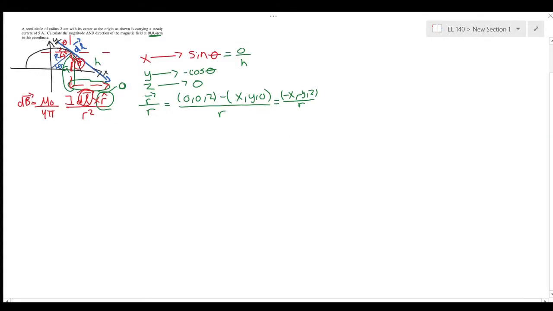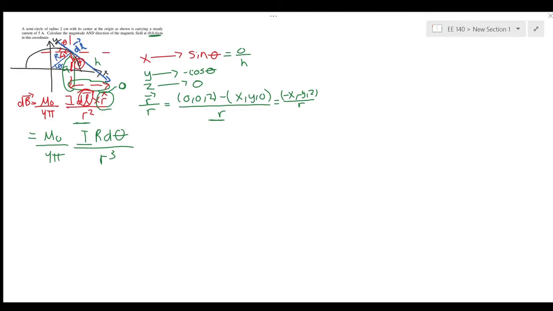Now we're going to plug this back into the initial dB equation, and we get mu naught over 4 pi I dl, the tiny arc length of that is just r d theta, and then over r cubed because of this r times this r.